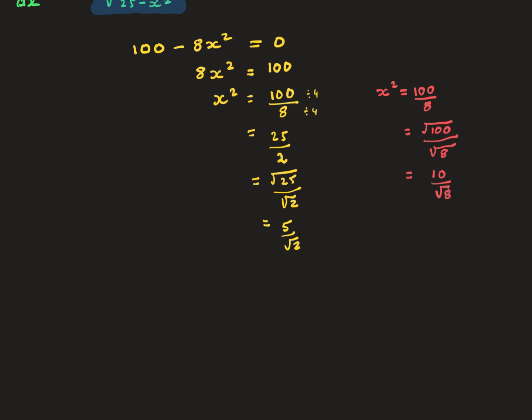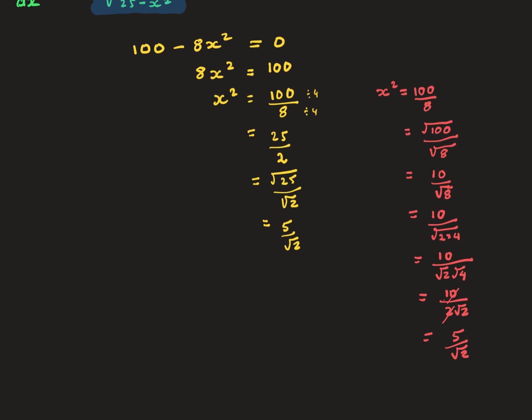And you think, well, which is the right answer? Well, actually, I can continue with this because root 8 can be seen to be root 2 times 4, which means that it could be root 10 over root 2 root 4, which means it's 10 over 2 root 2, which if I cancel that down, I do get down to 5 over root 2.